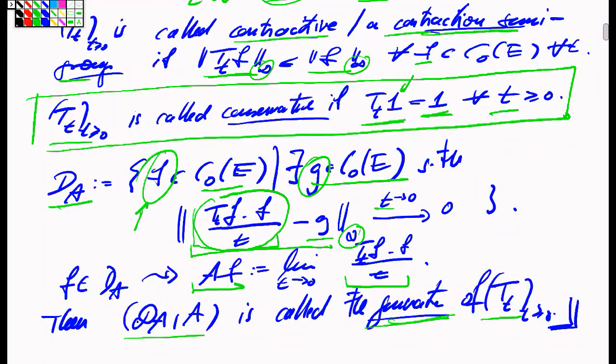So, if we have a Feller semigroup given, then by this recipe we define the corresponding generator of that semigroup. It's just a definition for the moment.